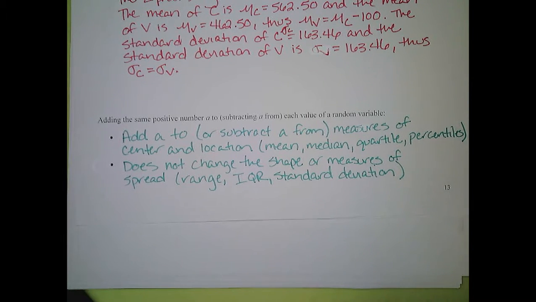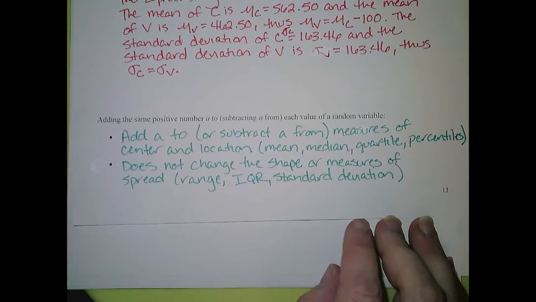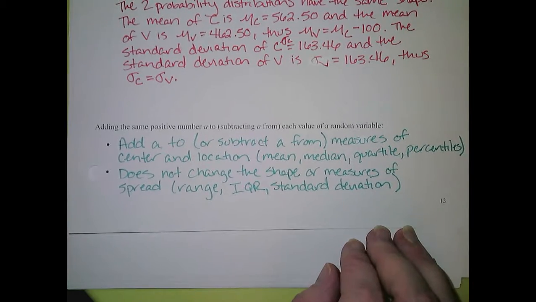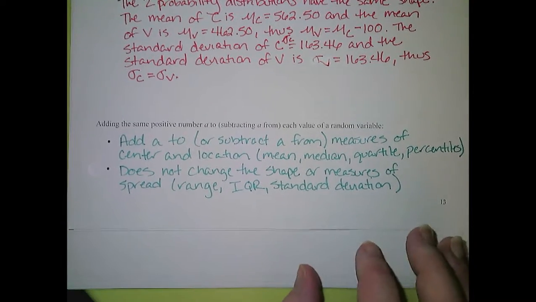So what happens if we have multiple transformations to a set of data? Maybe we multiply and add, or we divide and subtract. How would that affect our distribution for our random variable?